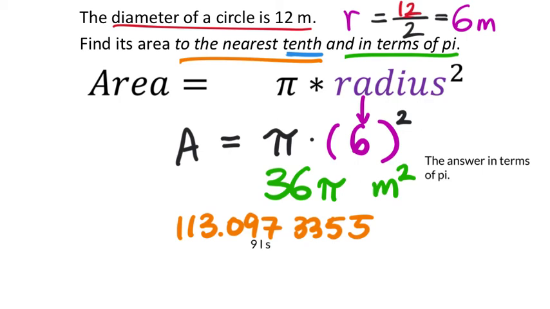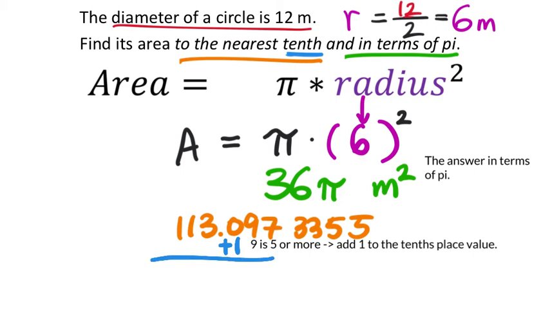The 9 is 5 or more. This means that for the 0 in tenths, we're going to add 1 to the tenths place value. So that's what I will do. I'm going to take my tenths place value and add 1, which will just be 0.1. So I end up with 113.1, but again, we are looking at meters squared.